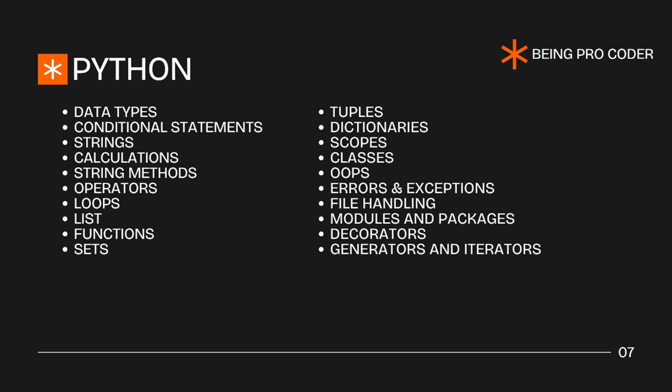File handling is reading, writing and manipulating files. Modules and packages are also important to include in Python code, where packages are collections of modules. Decorators modify the behavior of a function or method. Generators and iterators produce values lazily, and iterators access the items sequentially.